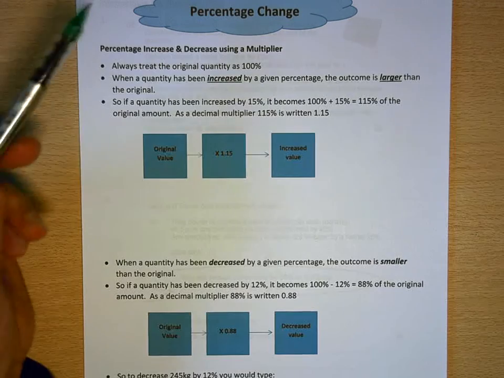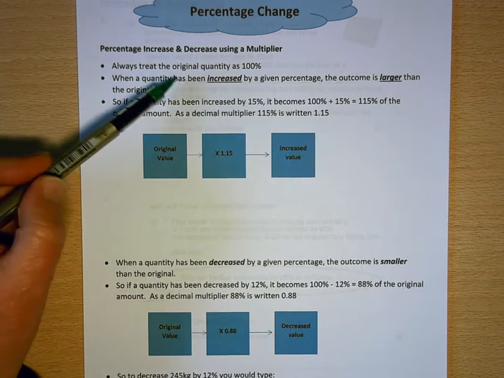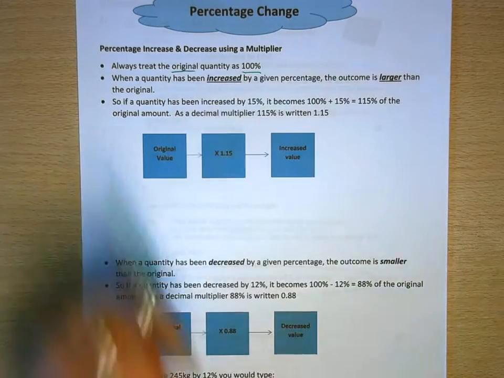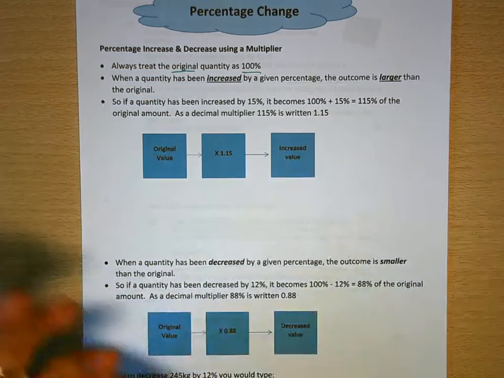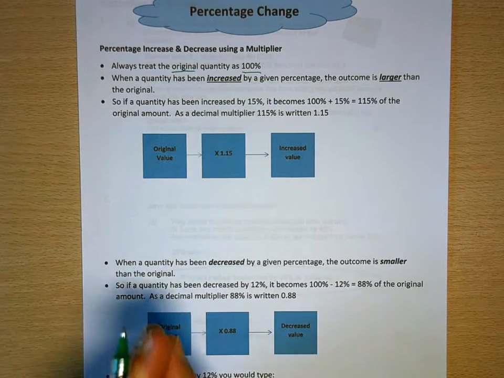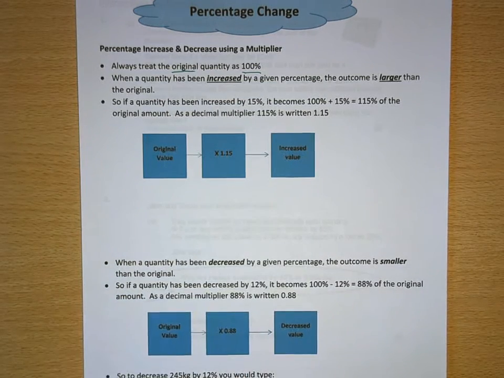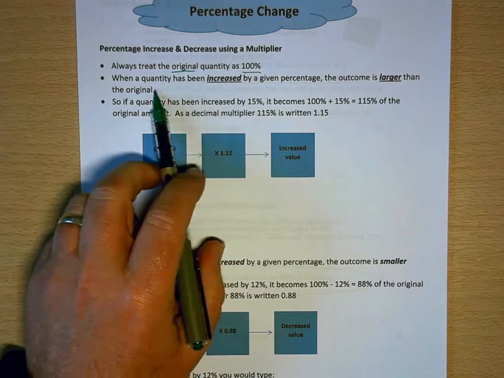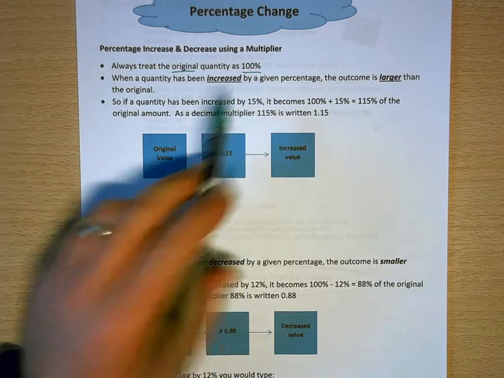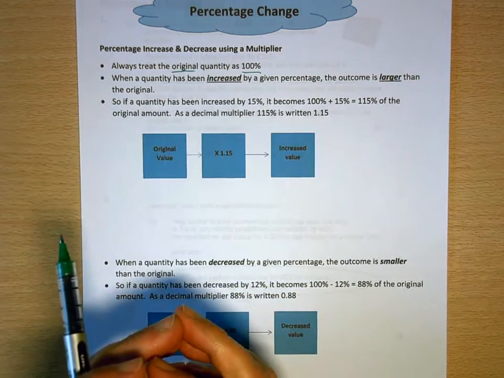So when we're using a multiplier, we always need to treat the original quantity as 100%. So whatever your starting context is before it's been increased or before it's been decreased, that's 100%. When that quantity has been increased by a given percentage, you end up with something that's bigger than what you started with.